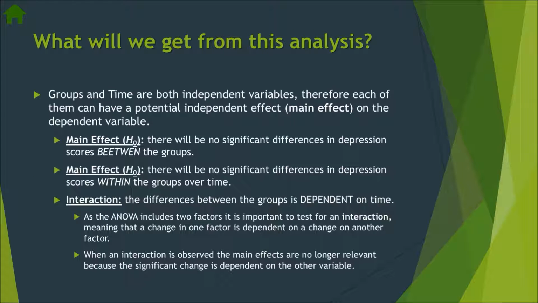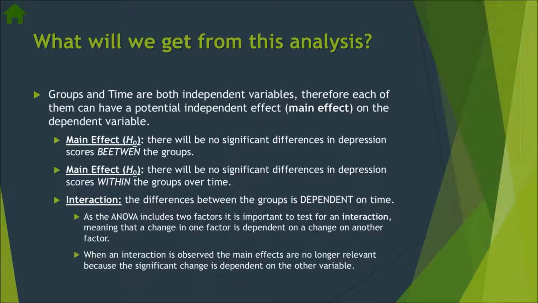A common mistake that people make in a two-factor ANOVA with repeated measures is to forget that time is an independent variable. In this example, the treatment is the method of grouping, so the treatment is an independent variable, and people often forget that there's another independent variable, which is time.